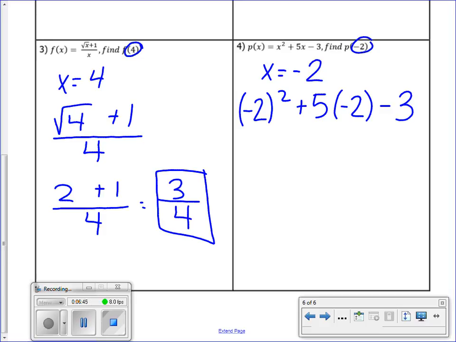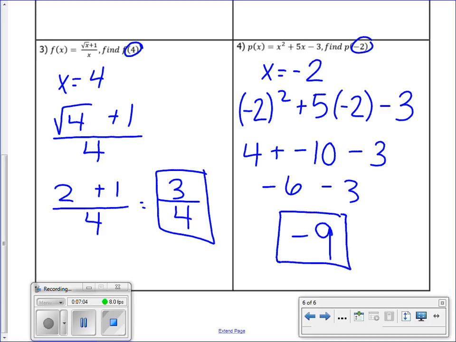Negative 2 squared is 4, plus 5 times negative 2 is negative 10, minus 3. I'm going to plug that into my calculator. 4 plus negative 10 is negative 6, minus 3, and negative 6 minus 3 is negative 9. So your answer here is negative 9.